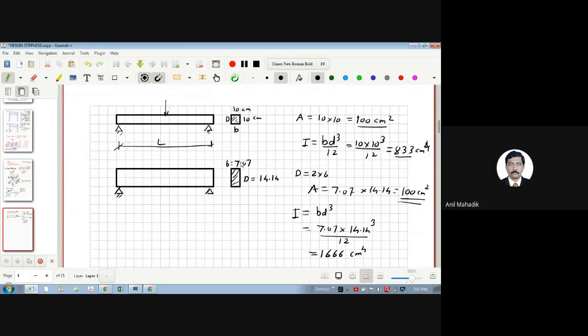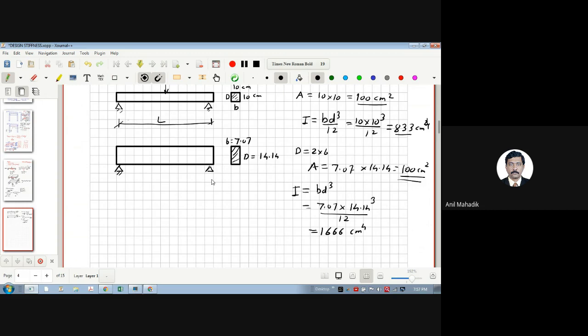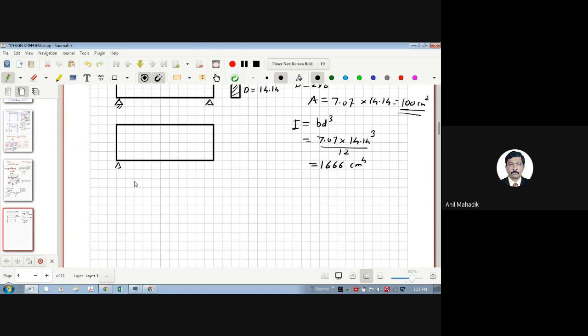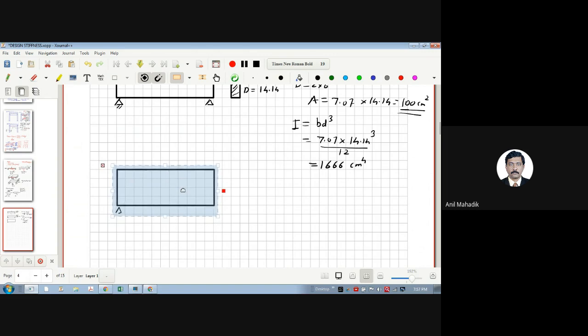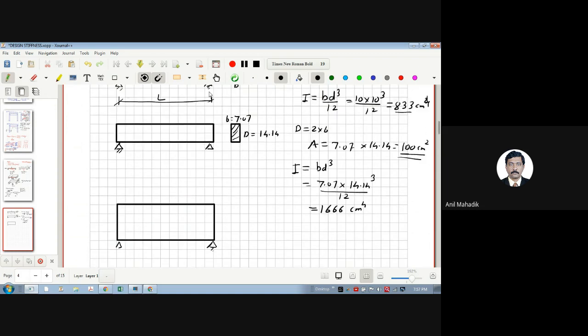And again, let's change the dimensions. So I am decreasing the width. Let's say the same length. But this time the width, I am again reducing.